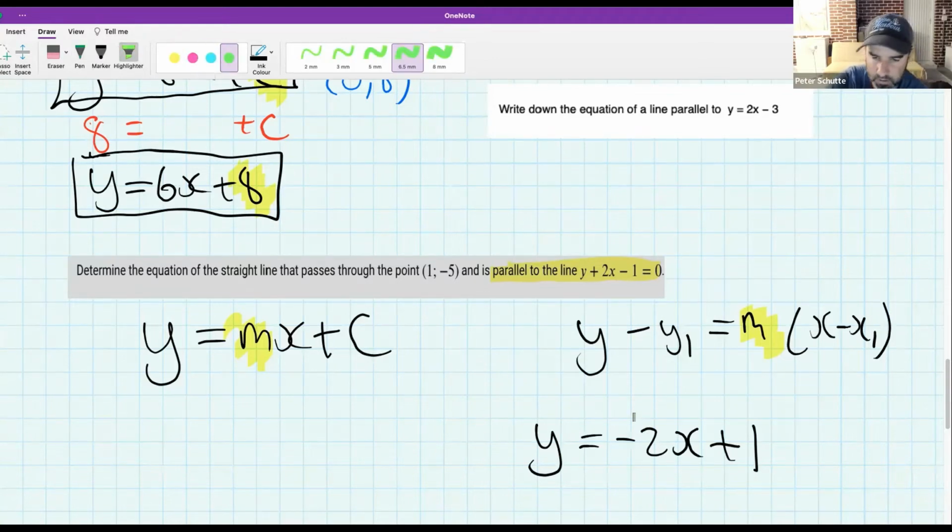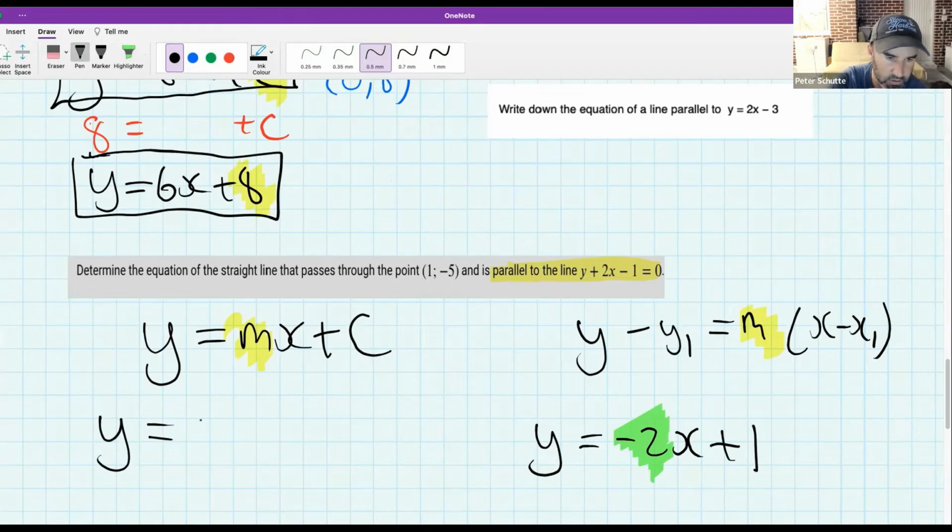And what that means is that this gradient is -2, as long as I haven't made a silly mistake. Yes, okay. So I know that when I solve for this, in this method, I'm going to have -2x plus c, and then I would choose the point. I need to use this point here to help me. So what I do is I write it down over here.